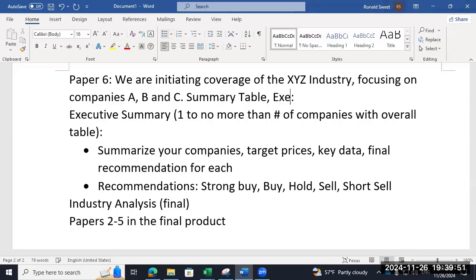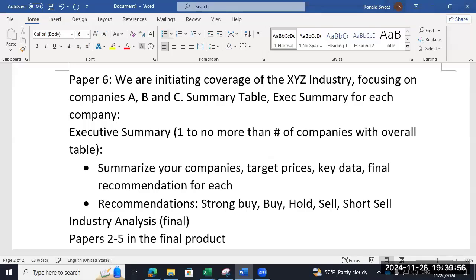Then you have your exec summary for each company. So you start there, all right? I'll show you some examples of that. I think we looked at a few earlier, but you want it to look very sell side. So each person doing a company should pick those key statistics you want to bring up to the exec summary. All right, so there's your executive summary.